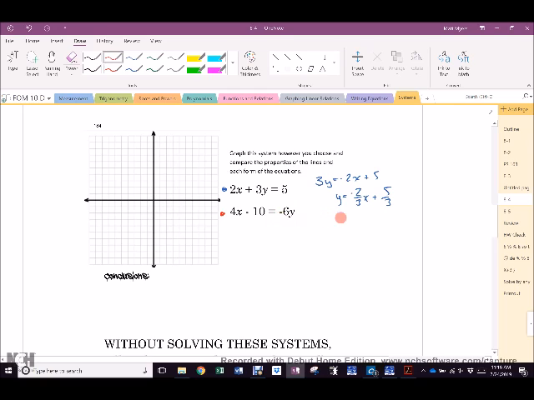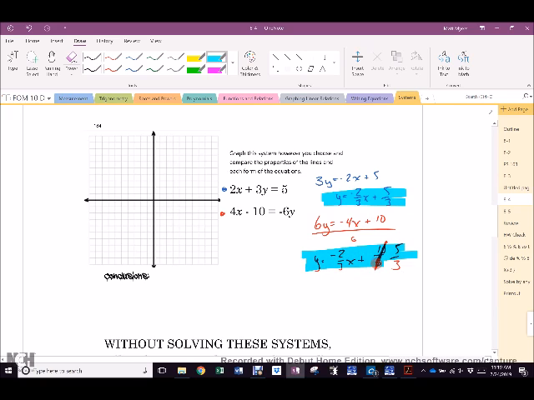Then in red, we would do the same thing. 6y equals negative 4x plus 10. You would divide everything by 6. y would equal negative 2/3 x plus 10/6, which is, of course, really 5/3. And you would see something there.